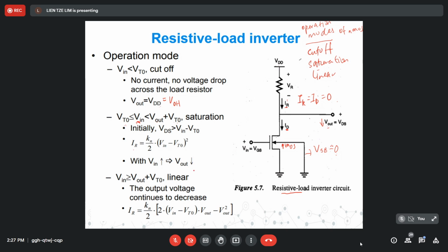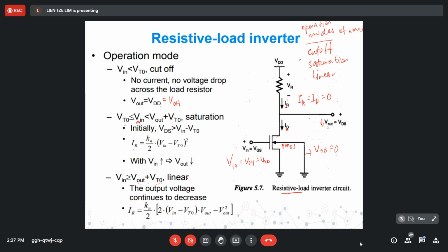If the input voltage is increased further to above V out plus VTO, meaning that V in can be equal to VOH or VDD, then the NMOS will operate in linear.